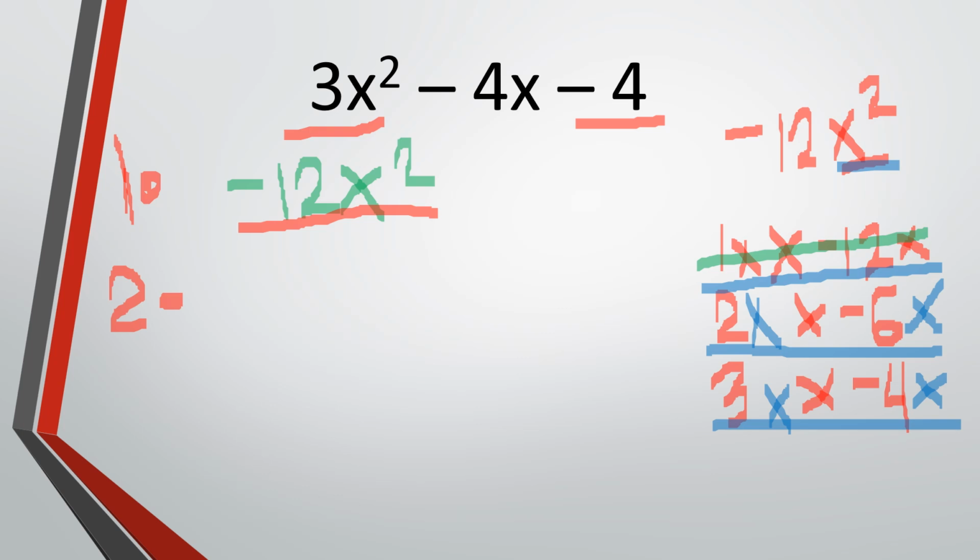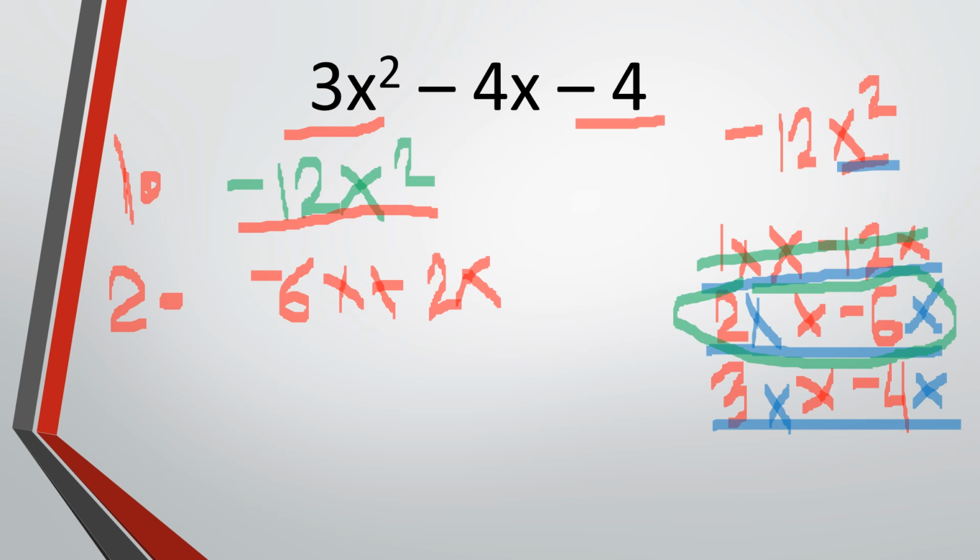Therefore, this pair is what we are looking for: 2x and negative 6x. Now, for us to solve it easily, write first negative 6x plus 2x.